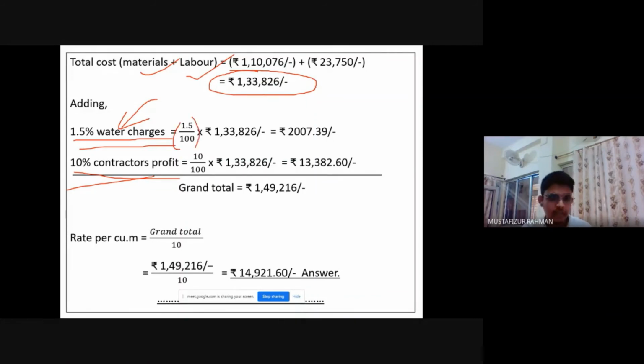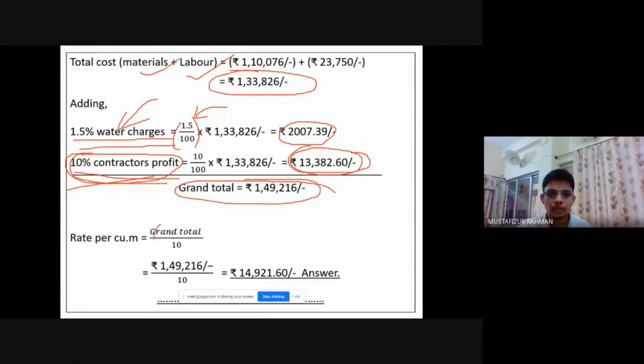If not, obviously this is free, but we are considering that we are using water provided by the municipality. And then we get this for water charges and the profit to the contractor. It is not mentioned in the question, but we will be assuming around this value if it is not mentioned in the question. And this is our profit to the contractor. So this is our grand total.